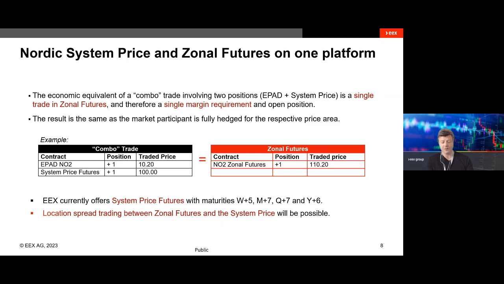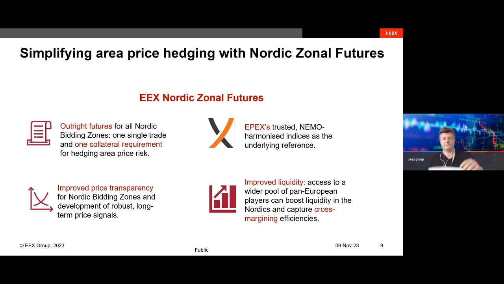And it is also possible to do location spread trading between the zonal futures and the system price futures, for which Stefan will go into a bit more detail shortly. So if we can carry on to the next slide, please, which is slide 9.